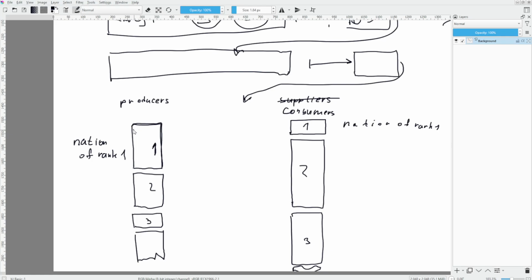Consumer 1 consumes the amount which is produced by the first ranked nation. They are matched directly like this. Then consumer 2 consumes what the first nation was not able to consume, and again, it is consumed by producer 1.